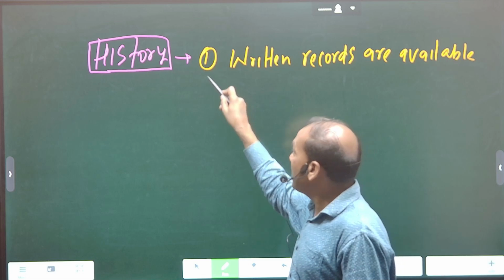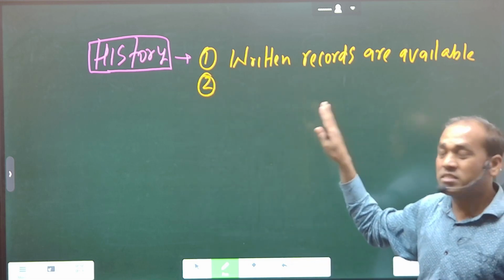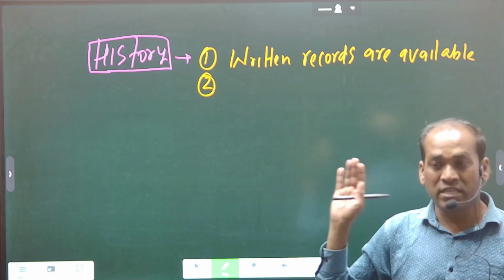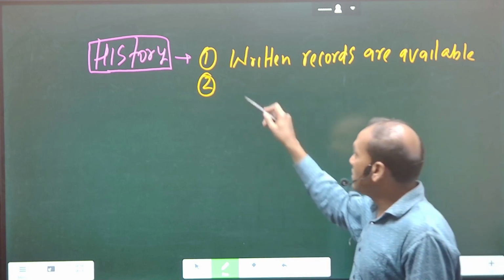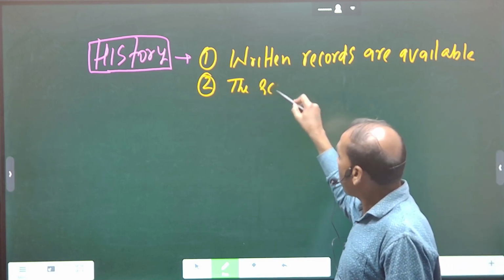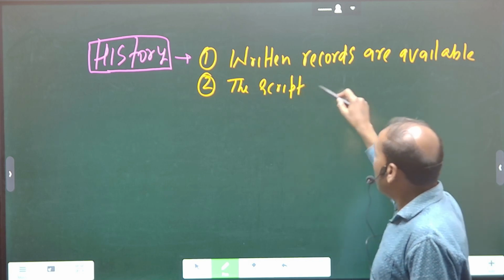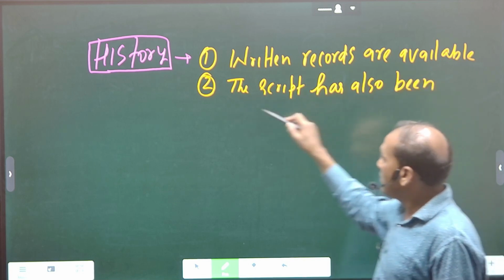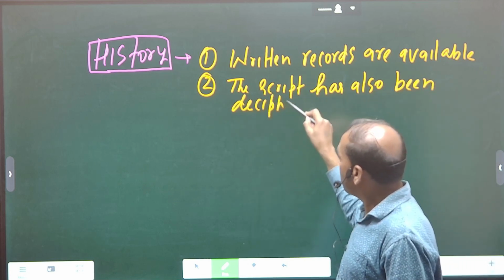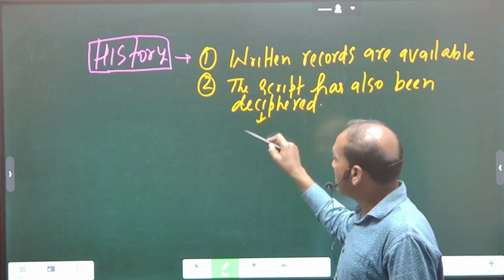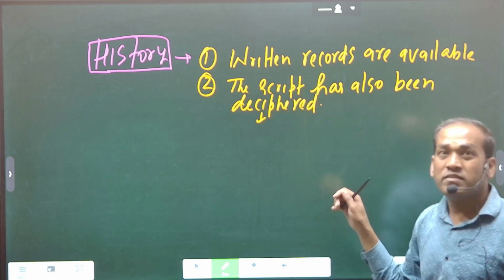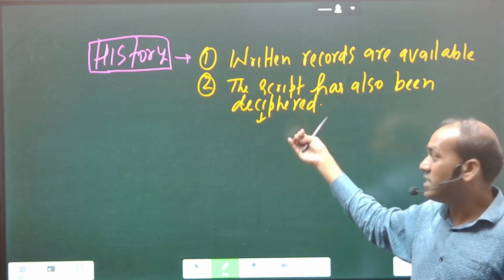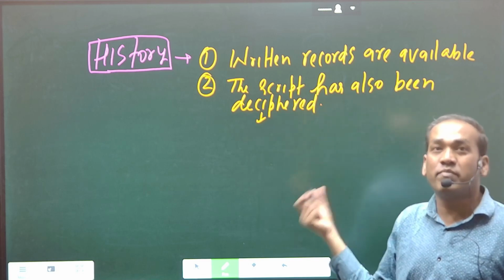Okay, second, the script used in these written records has also been deciphered. Deciphered means made readable.